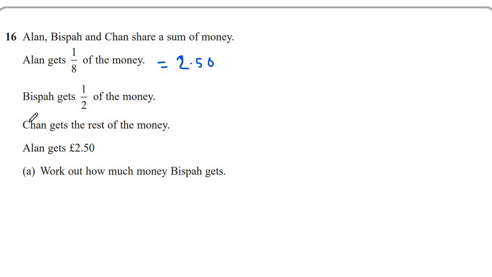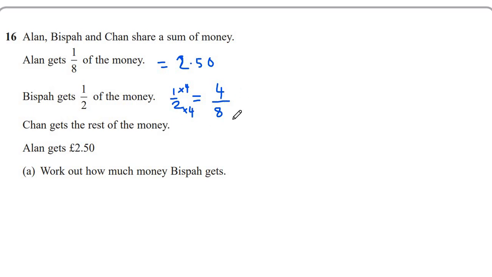now how do we figure out how much Bispa gets? So now if you think about the equivalent fraction, half is the same as 4/8. Like if you multiply both the numerator and denominator by 4, 4/8 is an equivalent fraction to half.